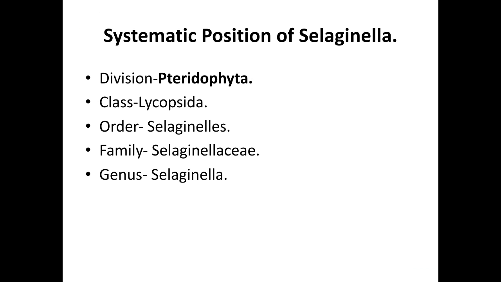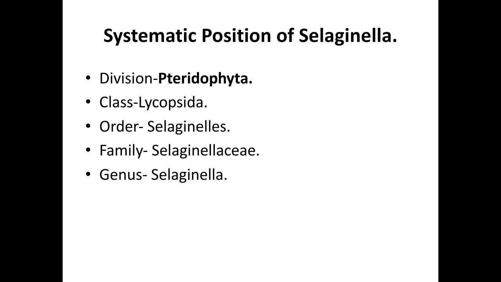Presence of ligulate leaves. Now, in the axil of the leaf, a tongue-like structure is there. It is generally known as ligule. Then the roots develop from rhizophore. Now, the rhizophore at the end gives rise to the roots.